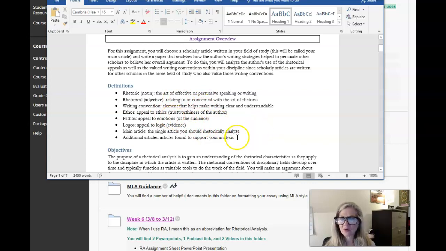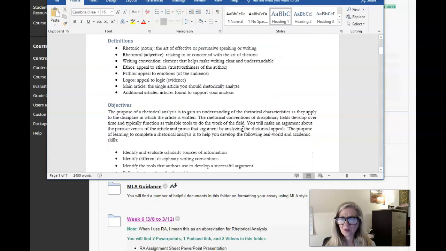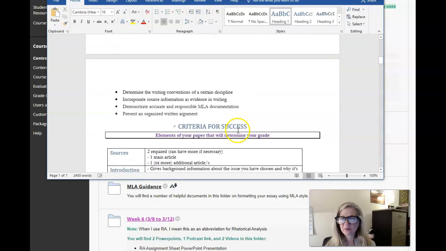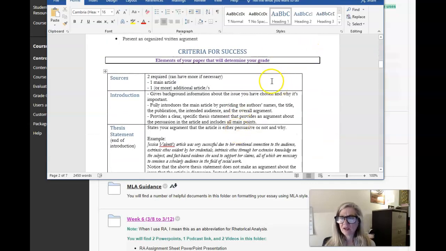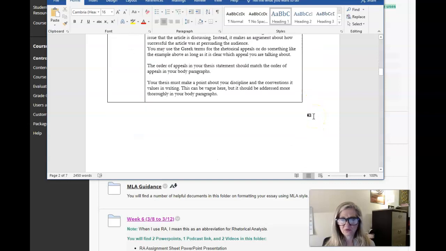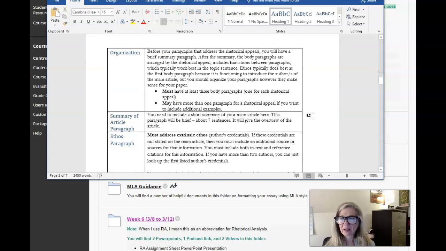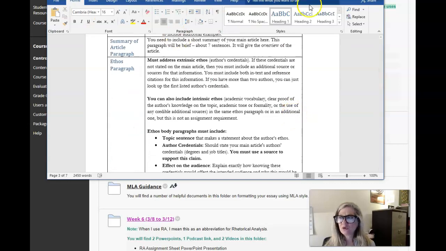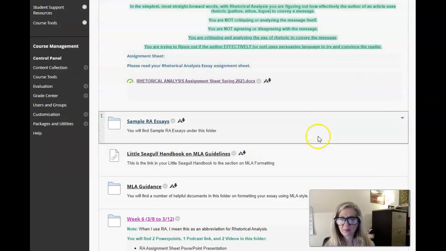You're going to talk about ethos, logos, and pathos. It's got your objectives. If you scroll on down, the criteria for your success is outlined right here in this assignment sheet. So this is essentially your rubric. It's got your sources, what you need to give in your introduction, describes your thesis statement, how the paper needs to be organized. So you want to go through this assignment sheet carefully.